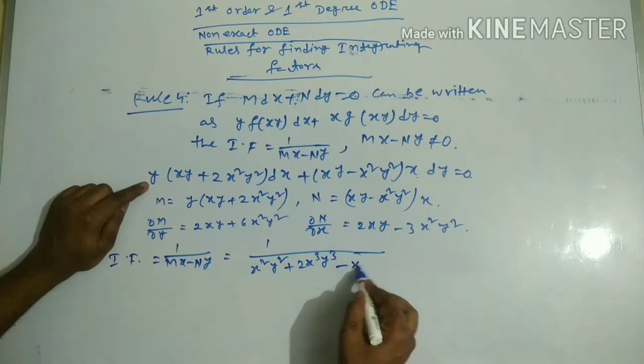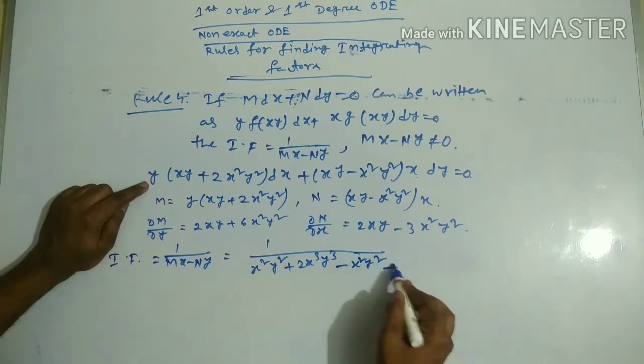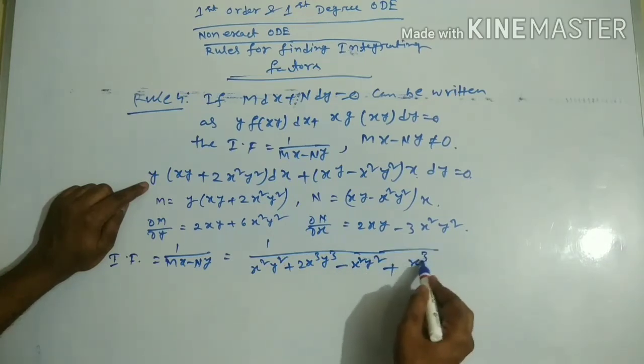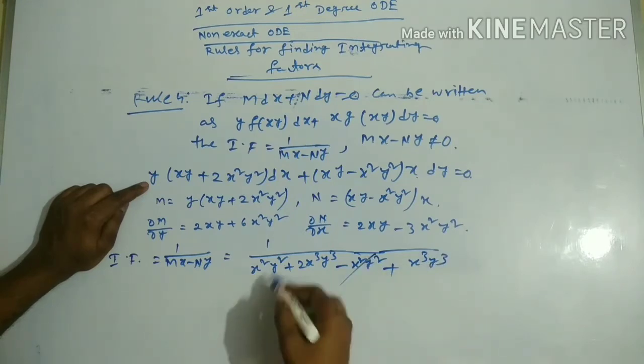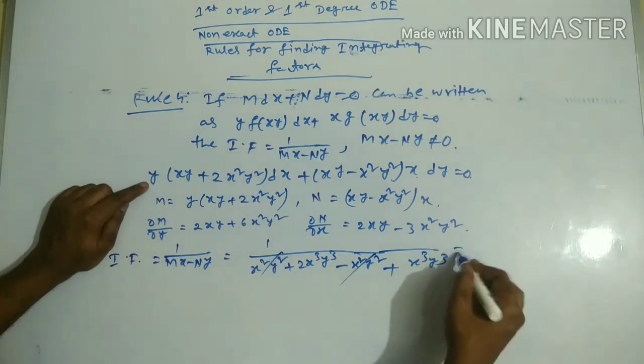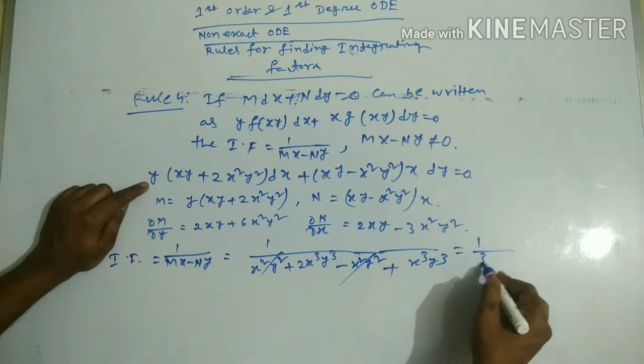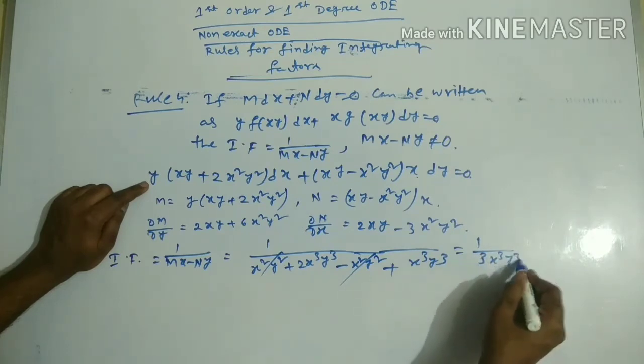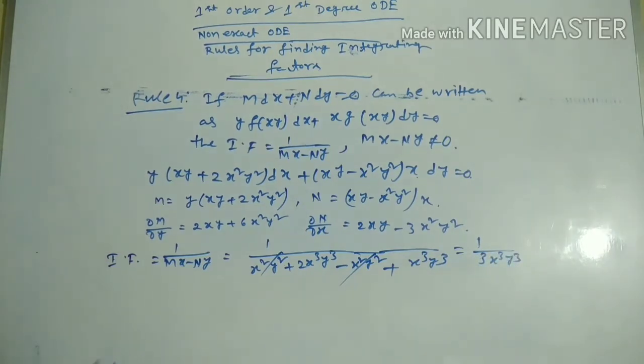Ny will be x square y square plus x cube y cube. So x square y square is cancelled out. So this will be 1 by 3x cube y cube. So the integrating factor is 1 by 3x cube y cube.